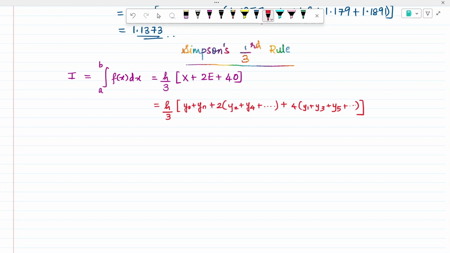Okay, so let's look at the question here based on Simpson's 1/3 rule. So the question goes like this.